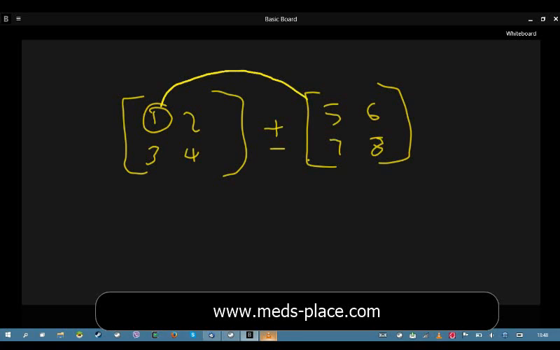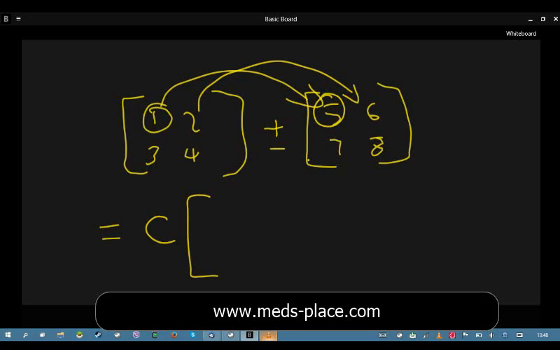And we would do that directly. So 1 plus 5, 2 plus 6, giving us matrix C, if we were adding it, which would be 6, 8, 10, 12.